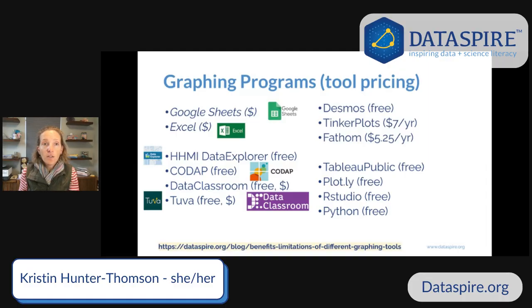So there's the good old Google Sheets and Excel that are on most of our computers in schools. These are spreadsheet programs we've round pegged into graphing programs. And then there's a suite of data visualization tools that are specifically designed to support students exploring and actively working with the data to reveal and uncover different data visualizations.